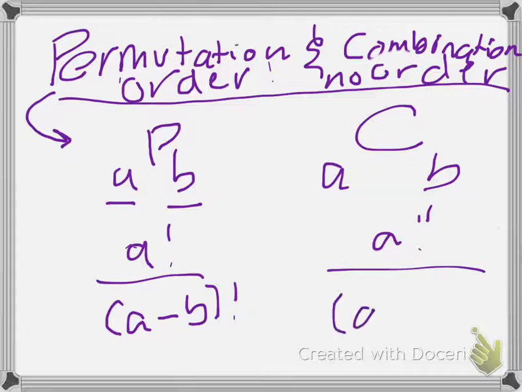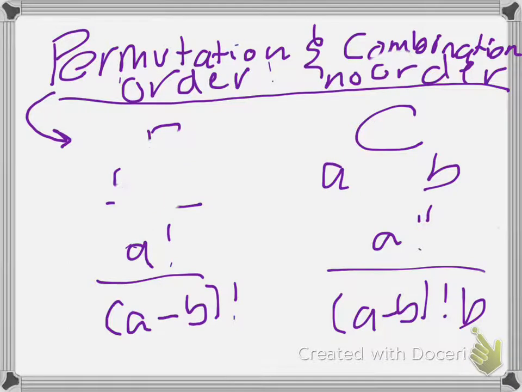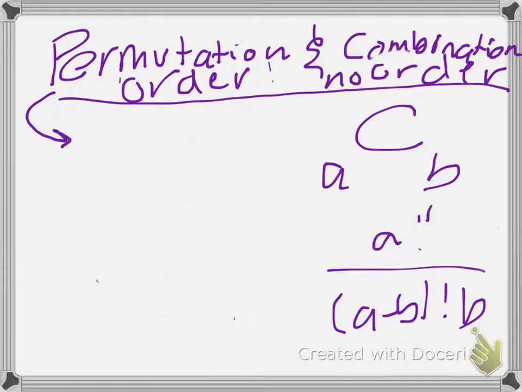You have the same thing, but instead you have your total outcomes next to the parentheses. So let's give you an example of permutation, shall we?